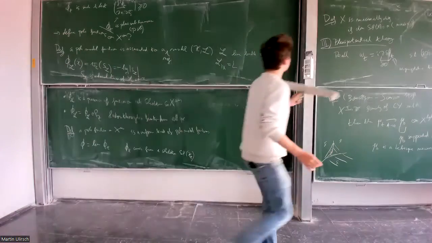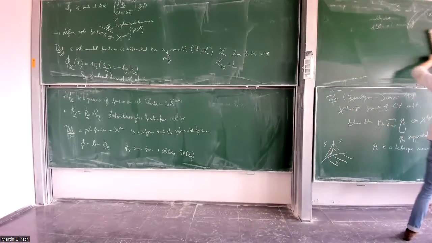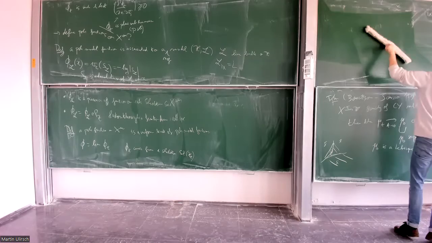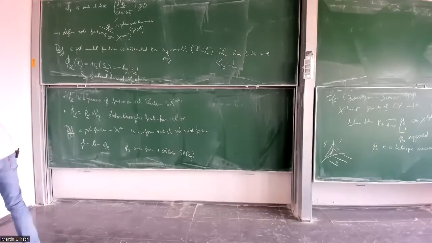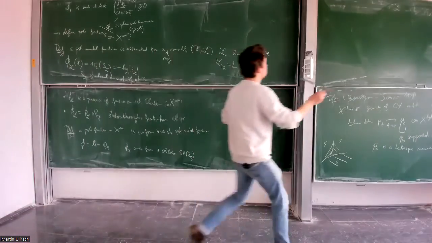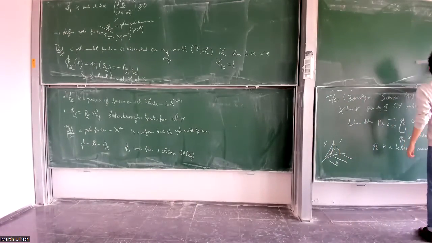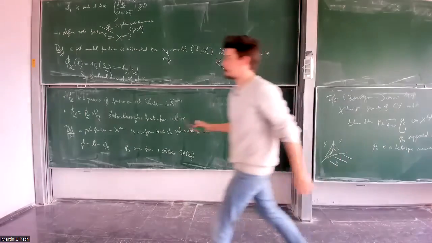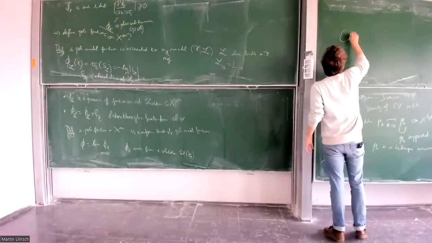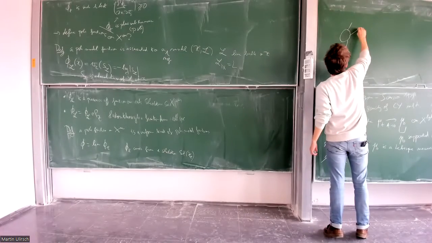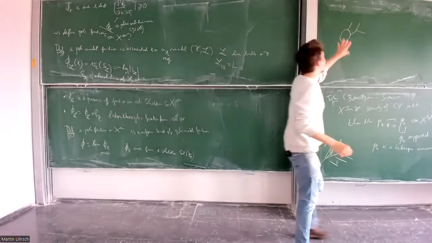So maybe I can do the picture from earlier again, for this elliptic curve. So basically a PSH model function, this would be a convex function in the sense of graphs on a finite graph like this.